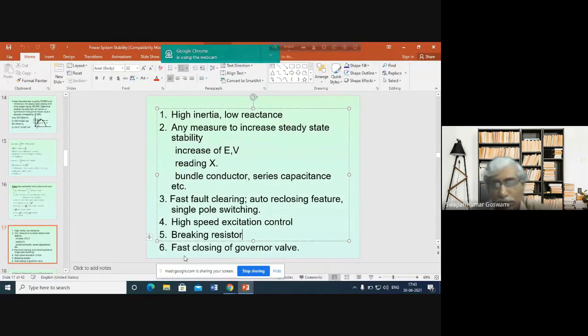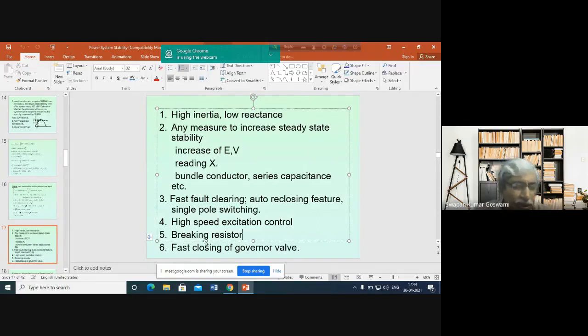So what is this method? With the reduction in the power output of the generator, simultaneously you are reducing the power input to the generator. How? By reducing the opening of the steam valve immediately. But the problem is that this reduction in the opening of the steam valve is not that easy.